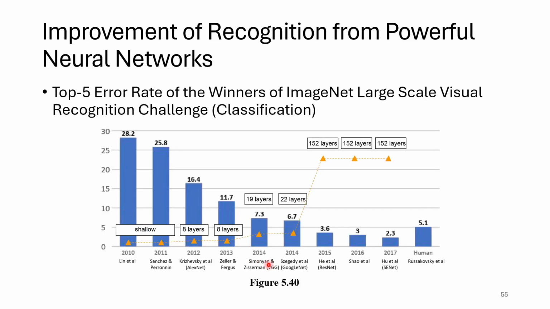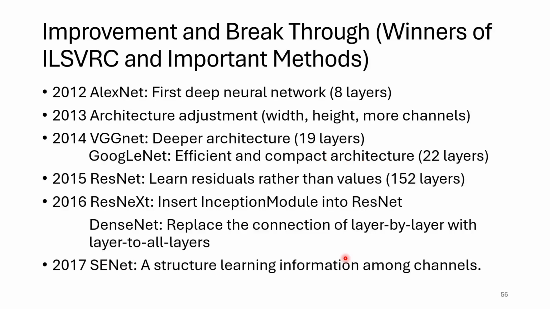So here, this is a ResNet, and this is a ResNeXt. What's the difference? The Inception module was originally proposed by GoogleNet. They inserted the Inception module into ResNet and it became ResNeXt, and further reduced the classification error.